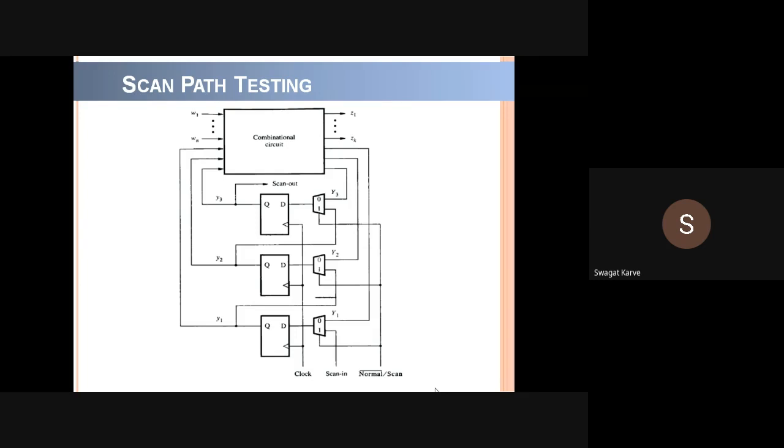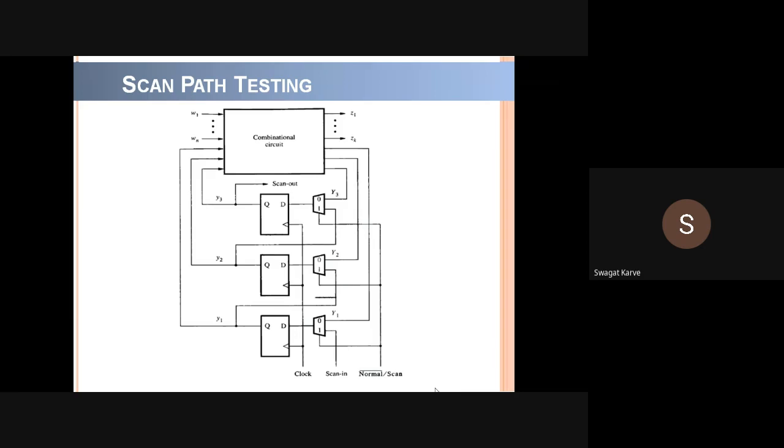Then this is the scan path testing. Always remember, scan path testing does not affect the working of the circuit. You can see the combinational circuit is built for some other purpose.